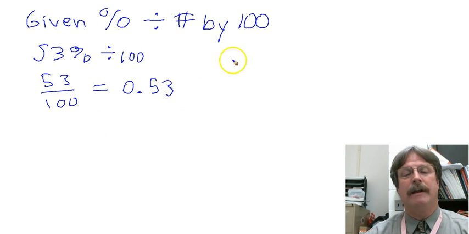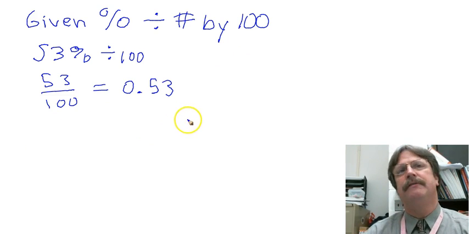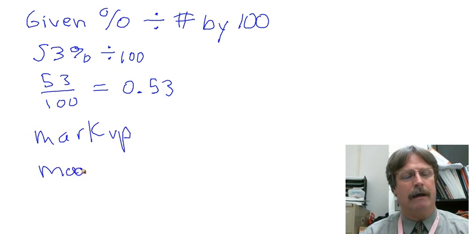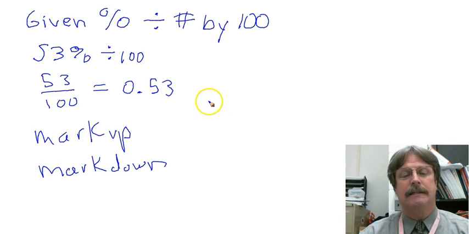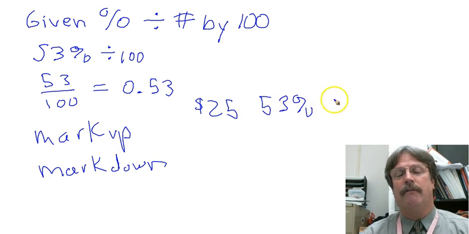Then you're going to take whatever number that is in the word problem is marked up by 53%. What is the new cost? So we have markup and we also have marked down. So if you have the original price, let's say that it is $25, and you're going to mark it up 53%. What is the final cost?